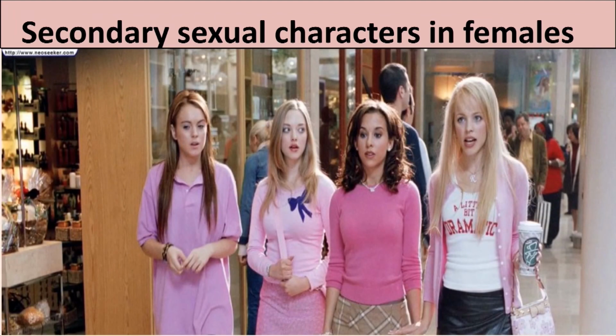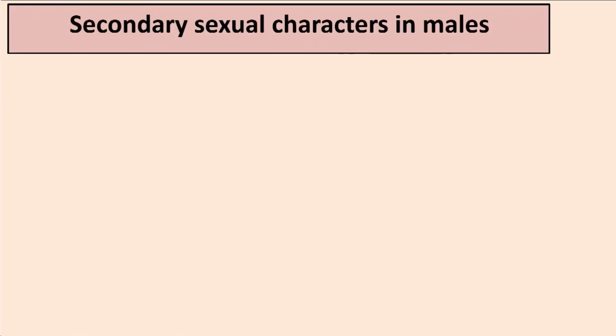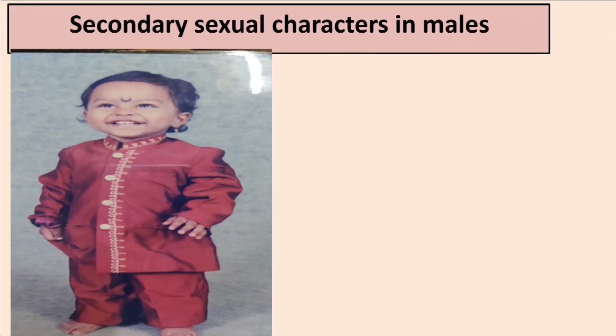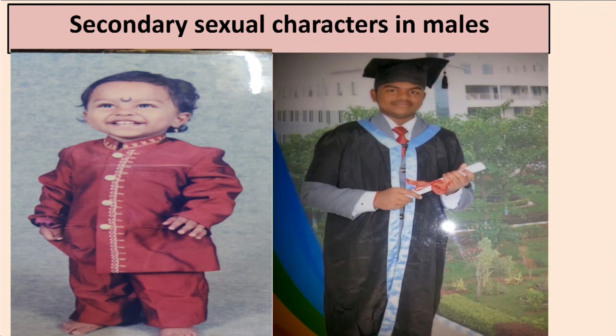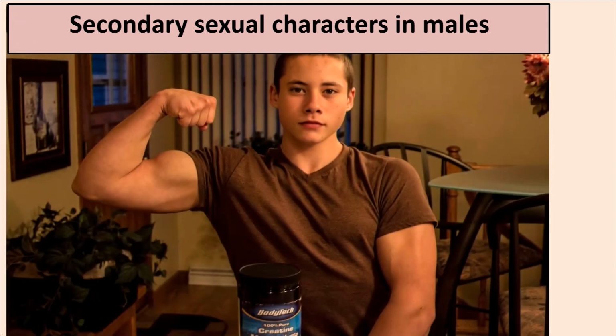Next we come to secondary sexual characters in males. You can see a small kid, the same kid after reaching adulthood, with moustache, beard, Adam's apple, a thick husky voice, height increase, and developed musculature. All these secondary sexual characters help their reproductive behavior.